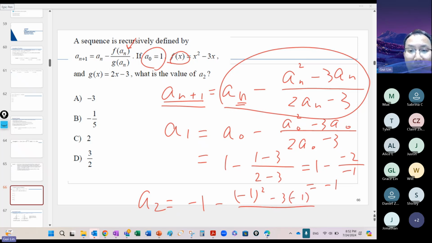Everyone notice this process, right? So this would be easy: negative 1 minus 1 plus 3, and negative 2 minus 3. All right, can you guys take your notebook? What answer would it be? What do you guys got?